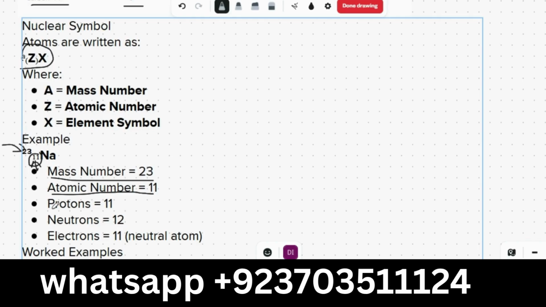So that means sodium has 11 protons and 12 neutrons. If it's a neutral sodium atom, it will have the same number of electrons.